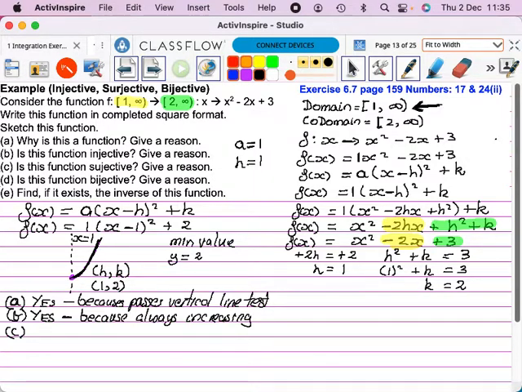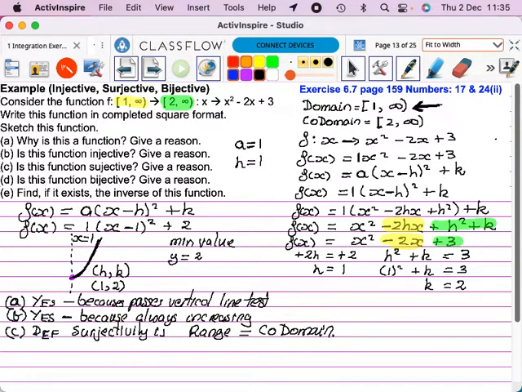Surjectivity is when the range is equal to the codomain. So we know that the definition of surjectivity is range is equal to codomain.